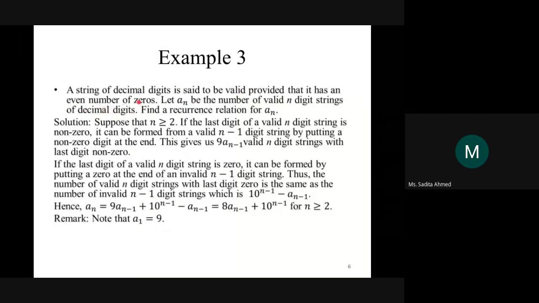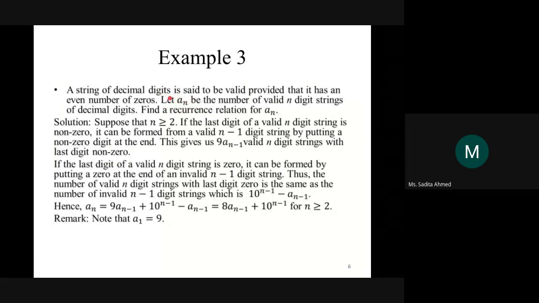We are asked to count such strings of length n, which have in total n decimal digits. Let's say the total count of such strings of length n is represented by an. We're asked to find this value an using recurrence relation.